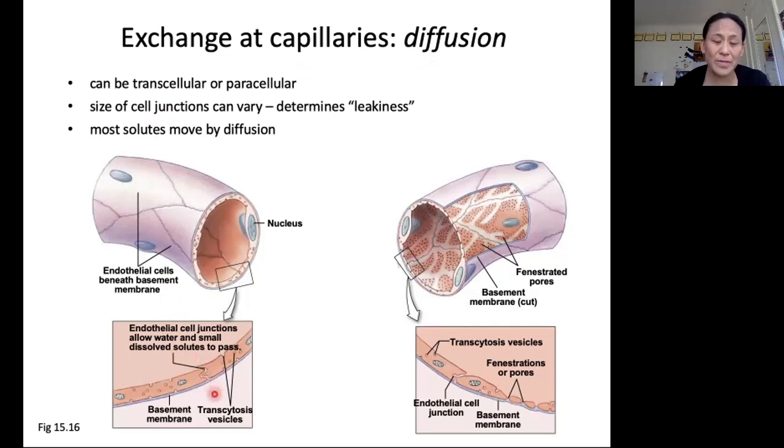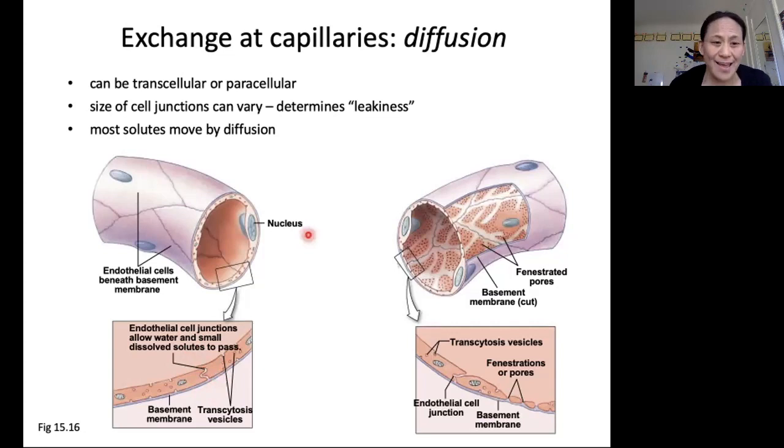Remember that we talked about that when we talked about the blood-brain barrier, that we have these tight junctions that make it very hard for solutes to pass in this paracellular space. But in other cases, we have pretty leaky junctions where those tight junctions are not very tight and we can allow solutes to pass through. So that's going to vary from tissue to tissue within the body, okay?